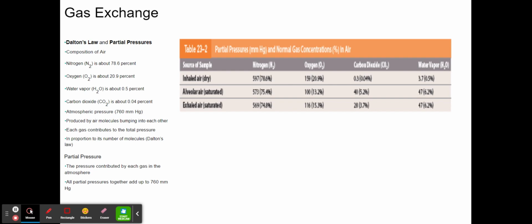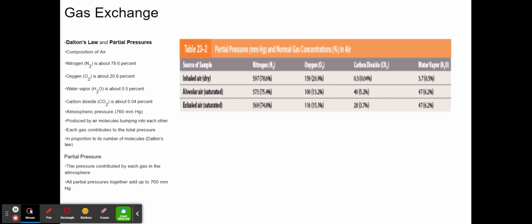Atmospheric pressure at 760 millimeters of mercury represents the combined effects of collisions involving each type of air molecule. At any moment, 78.6% of those collisions involve nitrogen molecules, 20.9% oxygen molecules, and so on. Thus, each of the gases contributes to the total pressure in proportion to its relative abundance. This relationship is known as Dalton's law.